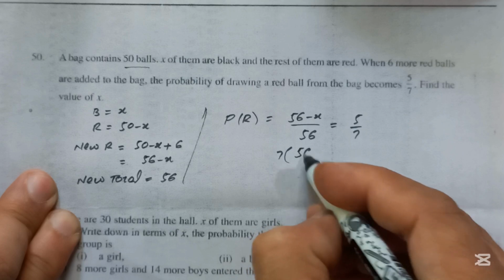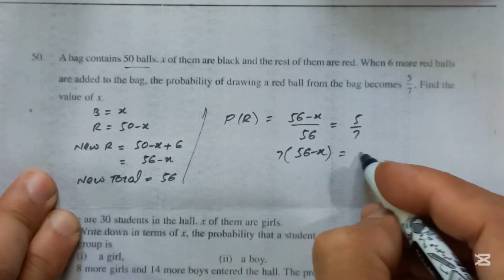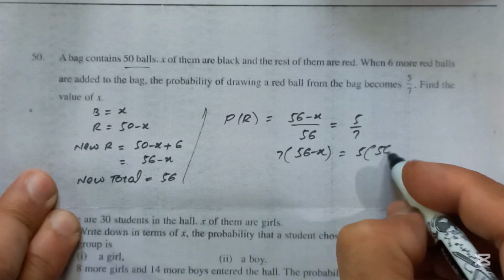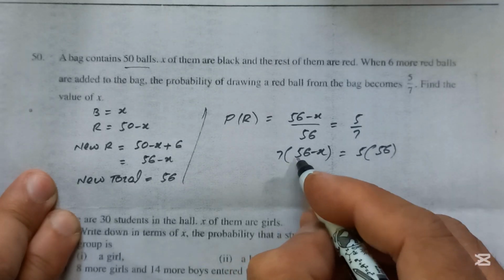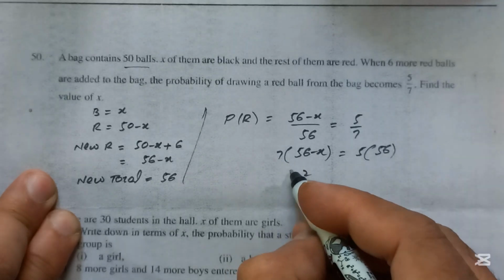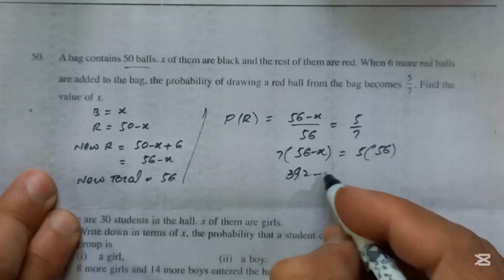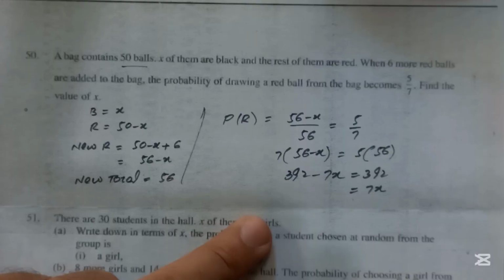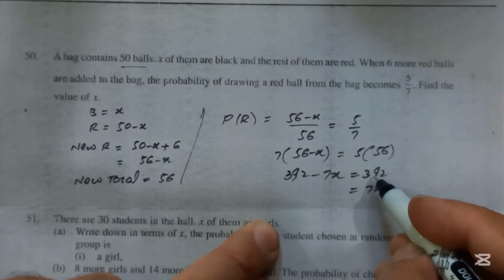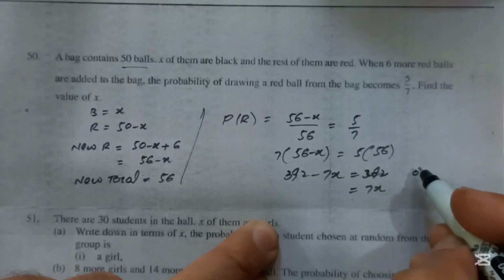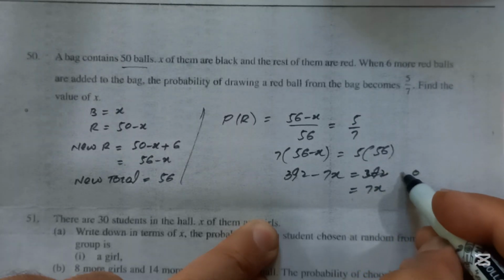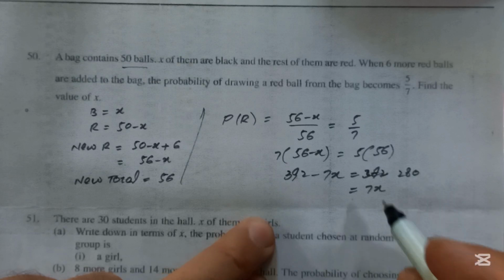7 into 56 minus X, and 5 into 56. 7 6s are 42, 7 5s are 35, so this will become 392 minus 7x equal to 5 into 56, 5 6s are 30, 5 5s are 25, so 280.